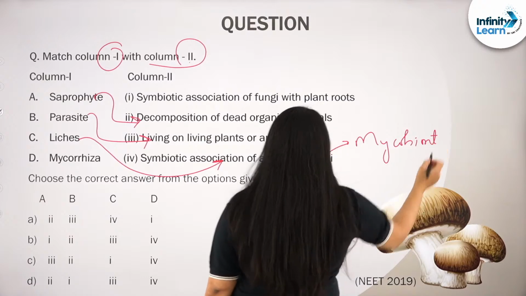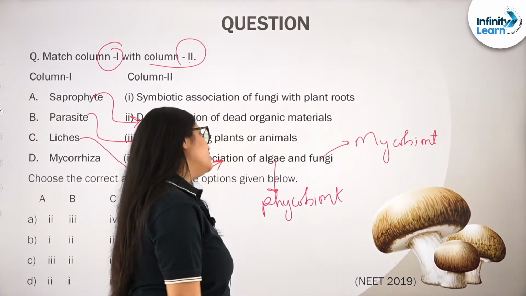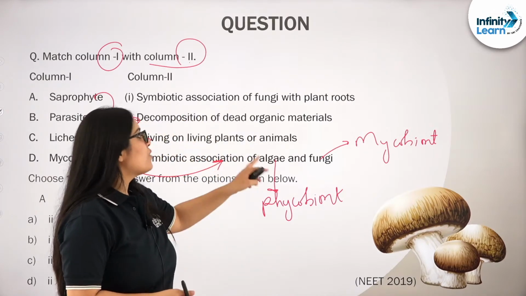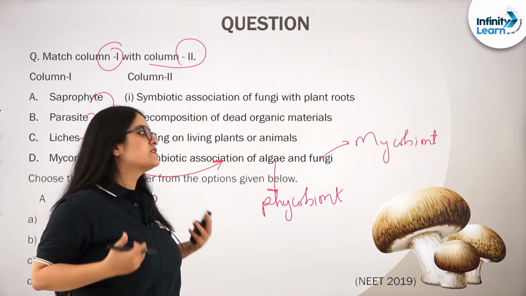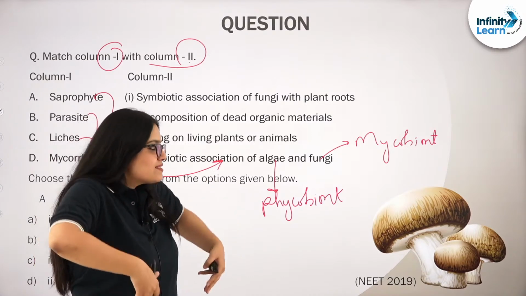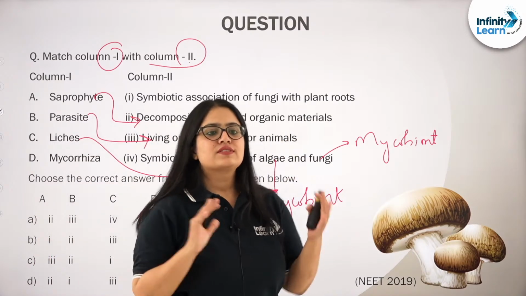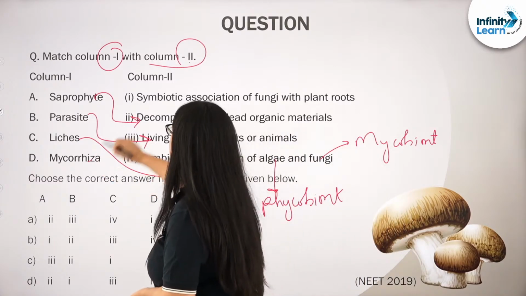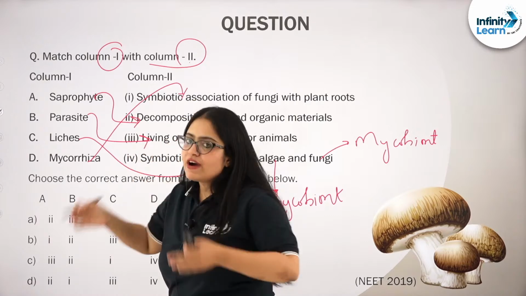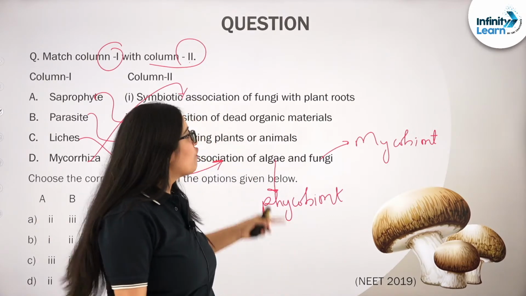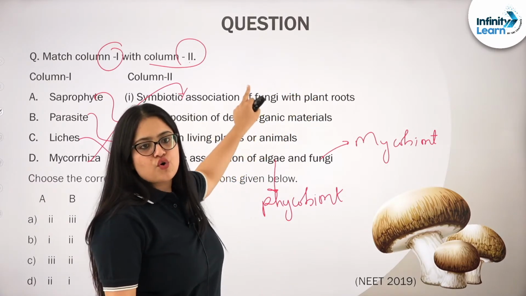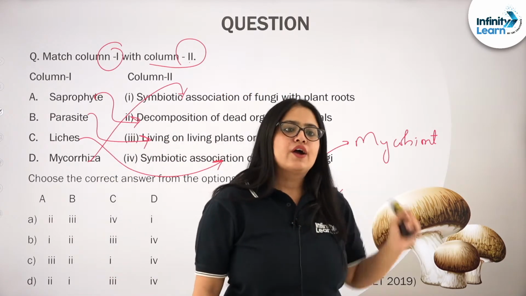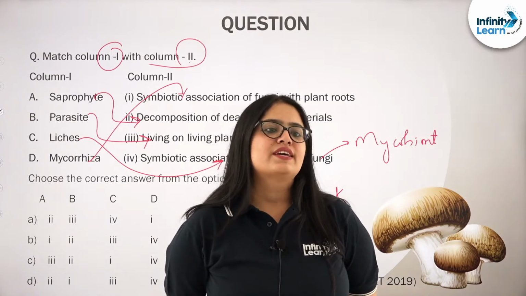Please remember, the function of fungi is to absorb water and minerals and provide them to algae, and algae will do photosynthesis and give food not only to itself but also to the fungi. So this is a symbiotic relationship. Mycorrhiza is again a symbiotic association between fungi and roots of higher plants. I hope this much is clear to all of you, my kids.